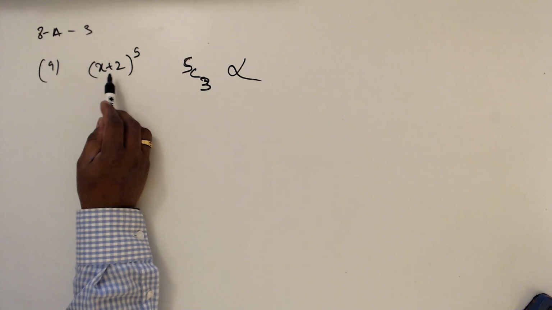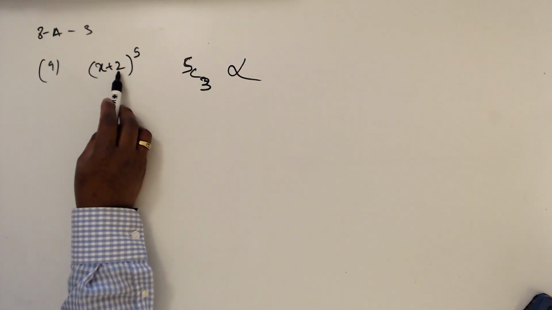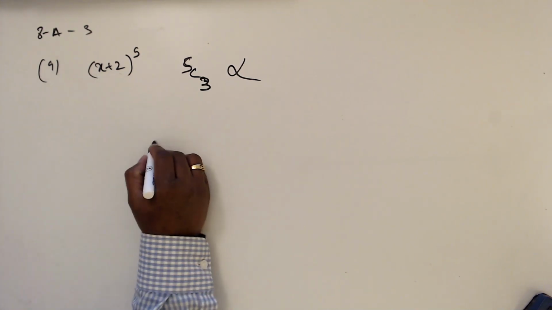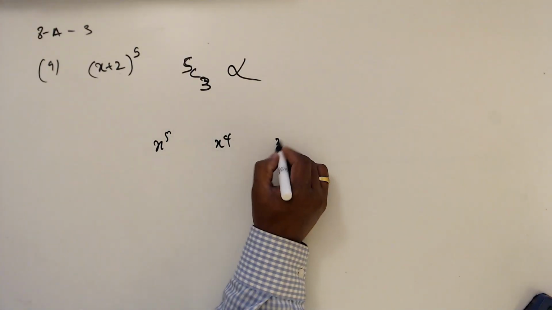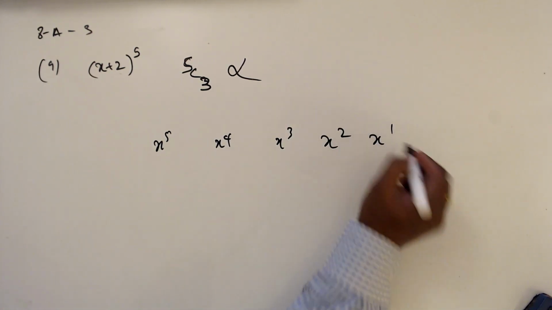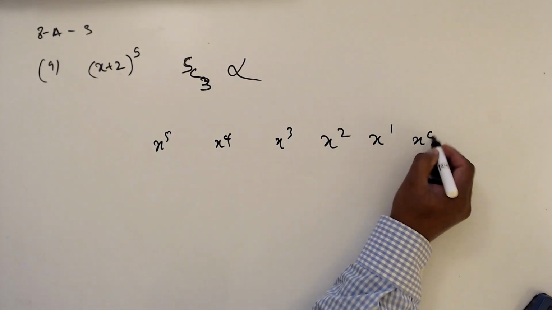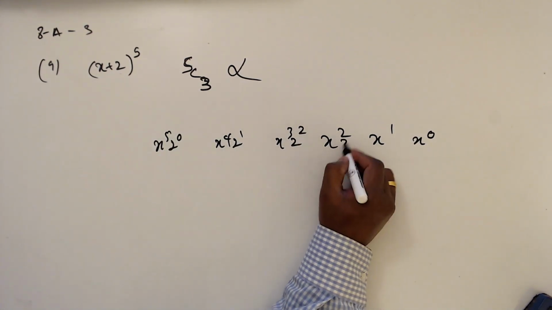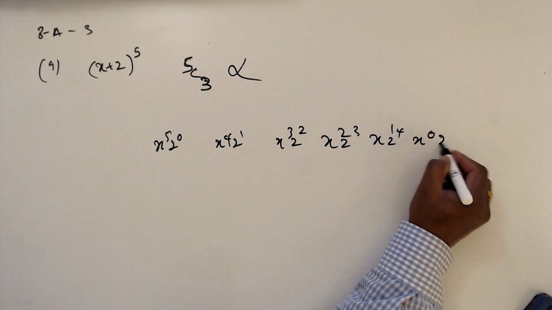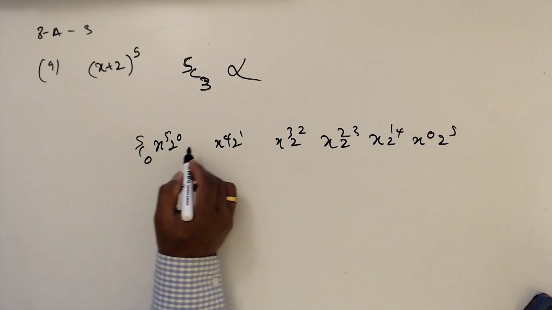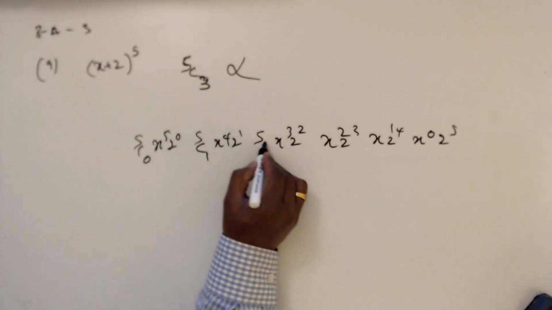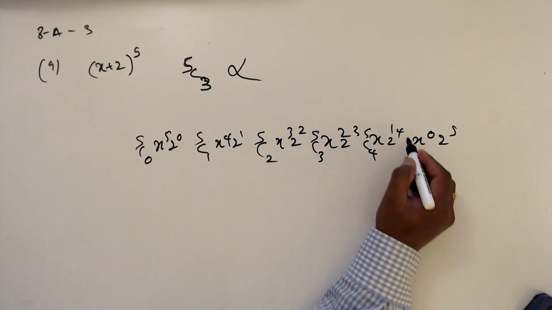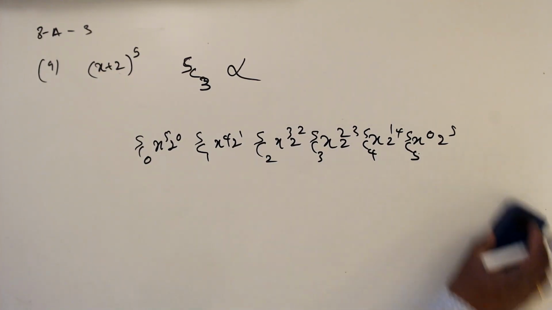Because if you write like this, it's going to be this kind of expansion: x^5, x^4, x^3, x^2, x^1, and x^0, and this is going to be 2^0, 2^1, 2^2, 2^3, 2^4, 2^5, and then 5C0, 5C1, 5C2, 5C3, 5C4, 5C5. Actually, let me write again.